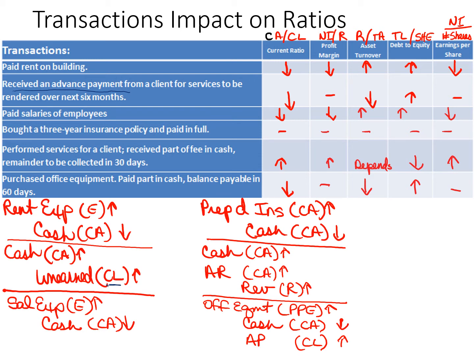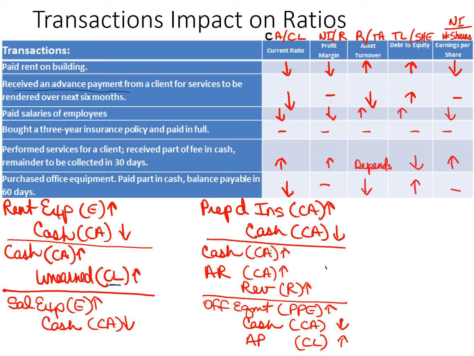Isn't that exciting? Since we're just talking about current assets and current liabilities here, there is no impact on the profit margin. As far as asset turnover is concerned, because our total assets are going up, they are larger in proportion to our revenue, so our asset turnover will decrease.